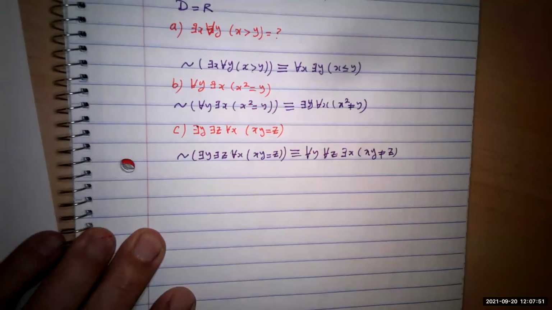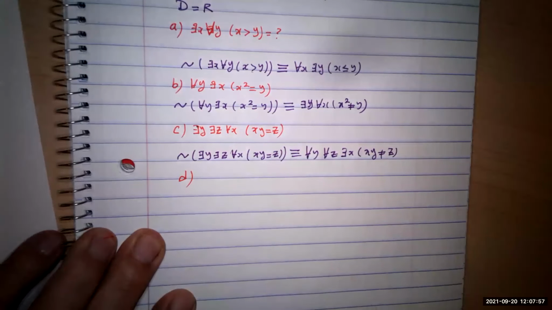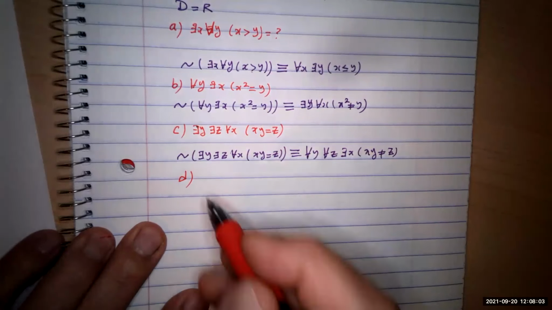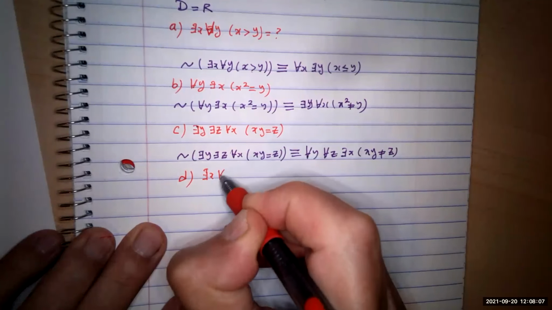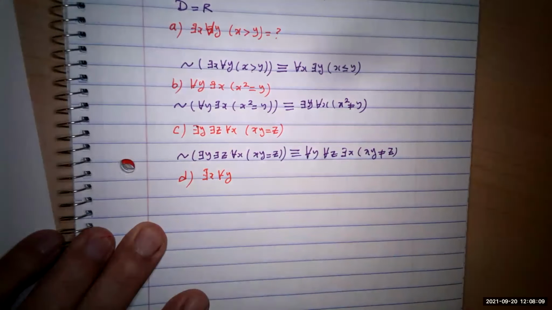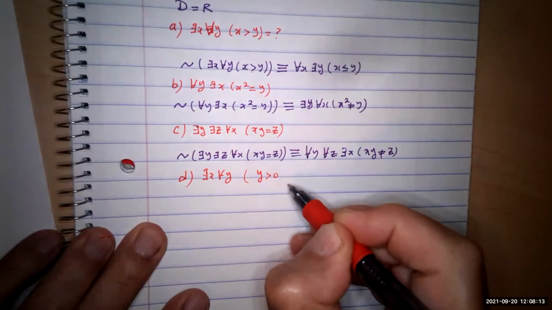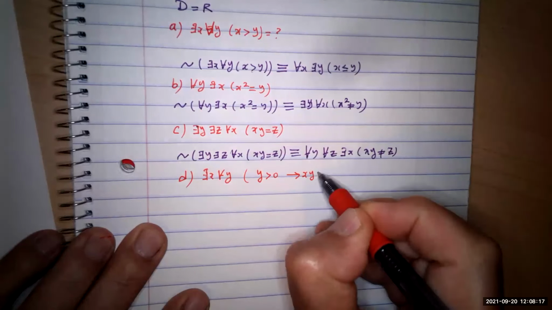Now this is part D, the one that people mostly missed, the conditional one. Make sure you don't miss this one. So let's see what's special about this one. There is an x such that for all y, if y is greater than 0, then x times y is positive.